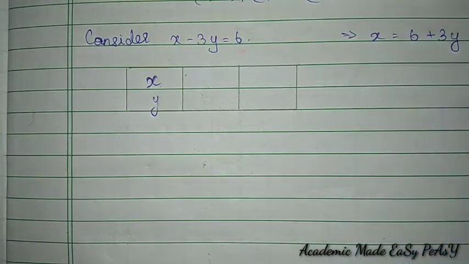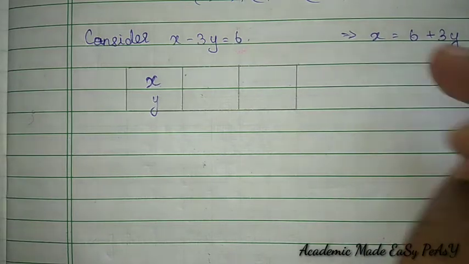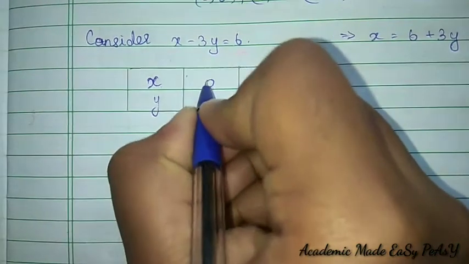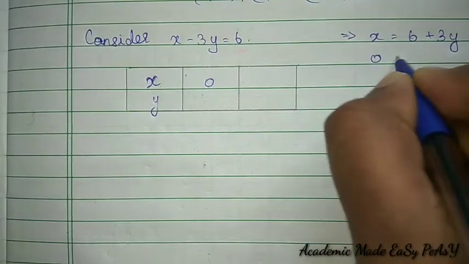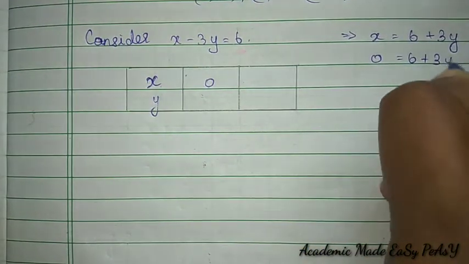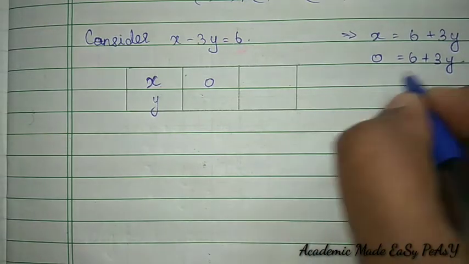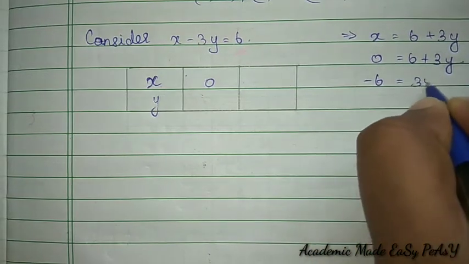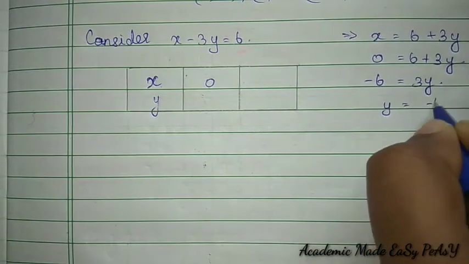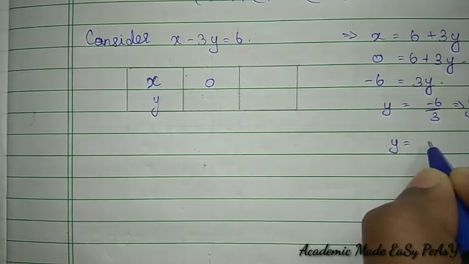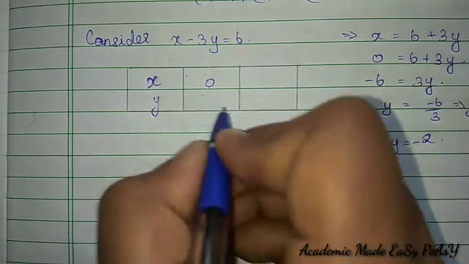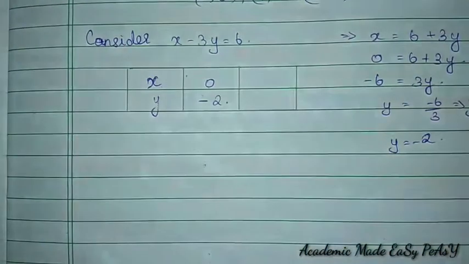If I take 0 for x, then 0 is equal to 6 plus 3y. So minus 6 is equal to 3y, so y is equal to minus 6 by 3, which is minus 2. So y is equal to minus 2.